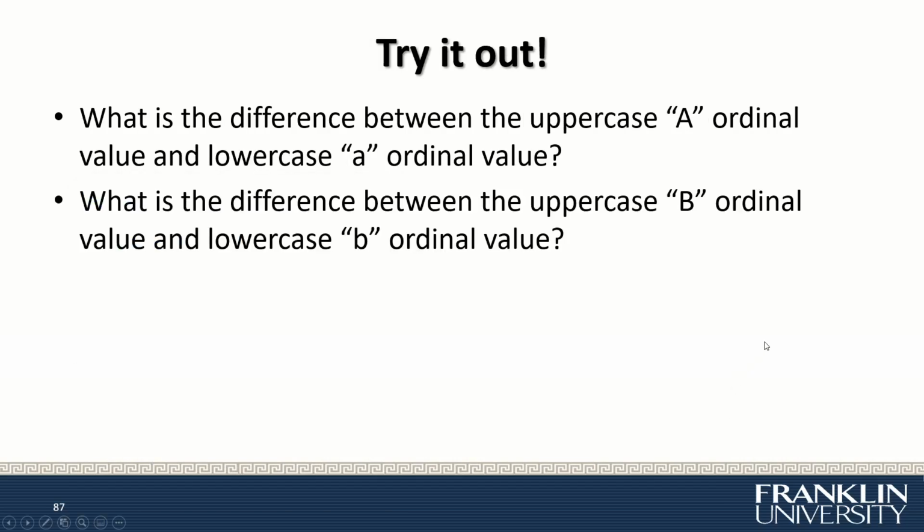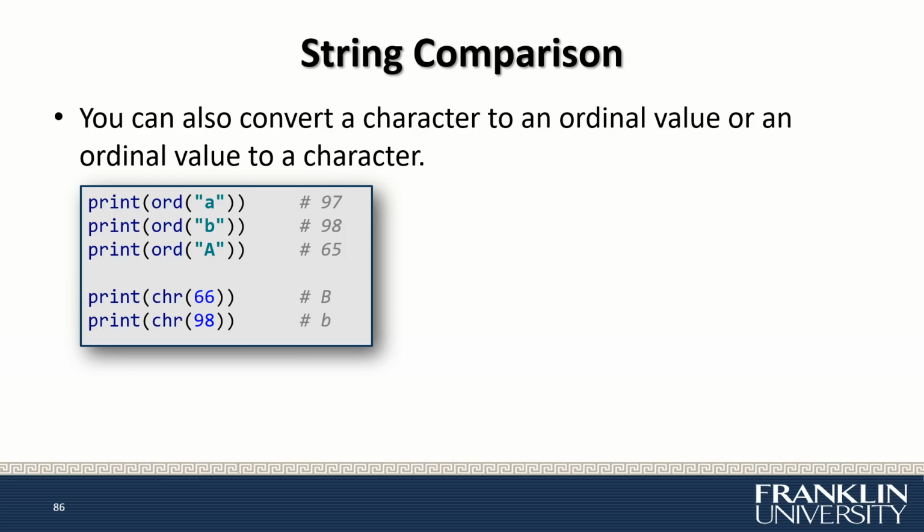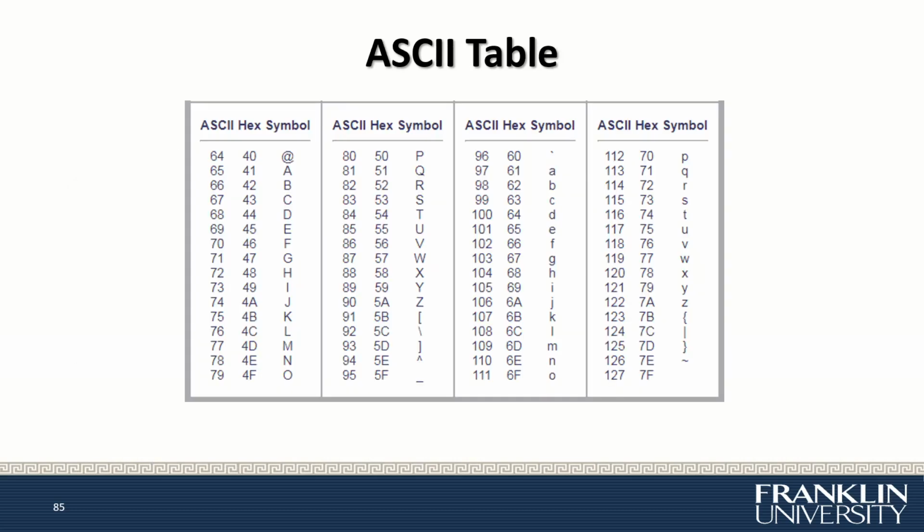Take a look at this. What is the difference between the uppercase A ordinal value and the lowercase a ordinal value? And what about uppercase B to lowercase b? Let me show you the ASCII table again. If you compare uppercase A to lowercase a, 65 to 97, there's a difference of 32.